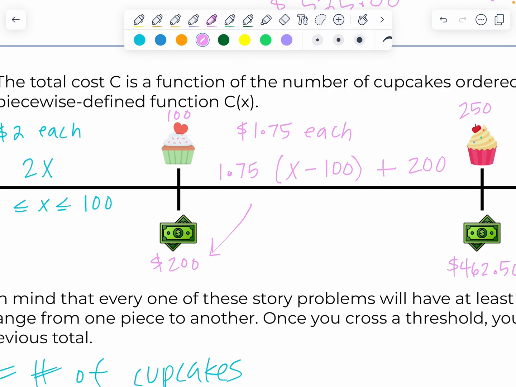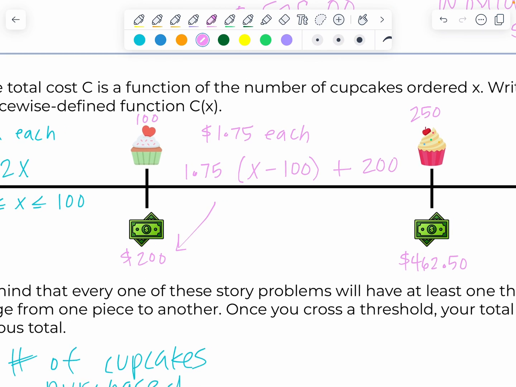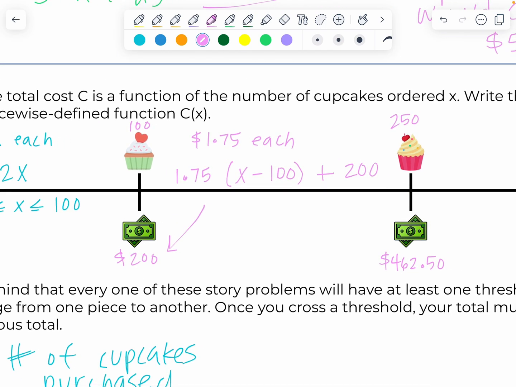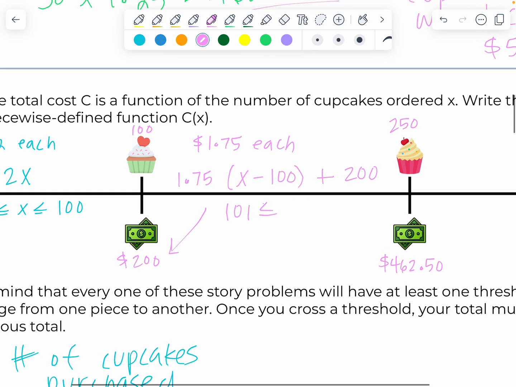So 1.75 times X minus 100, if we're purchasing 150 cupcakes, is going to charge us $1.75 for the last 50, and then we add on the $200 for those first 100 cupcakes. Okay, and we'll come back and simplify that in just a minute. As we showed before, this would be for cupcakes 101 to 250 if we're purchasing that many.